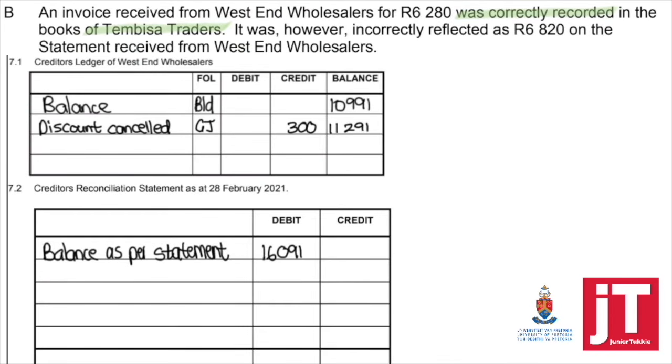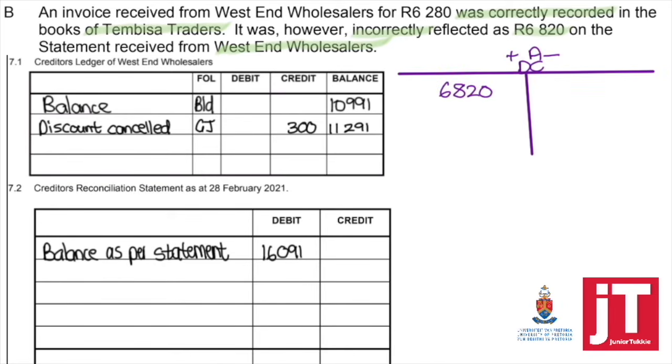An invoice received from West End Wholesalers for 6,280 was correctly recorded in the books of Tembisa Traders. It was, however, incorrectly reflected as 6,820 on the statement received from West End Wholesalers. So, incorrectly on the statement received from West End Wholesalers means that they will need to correct this. So this means we need to take it to the creditors reconciliation statement. It was recorded as 6,820.